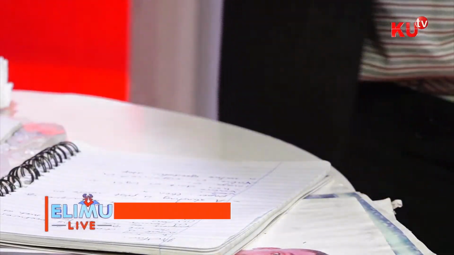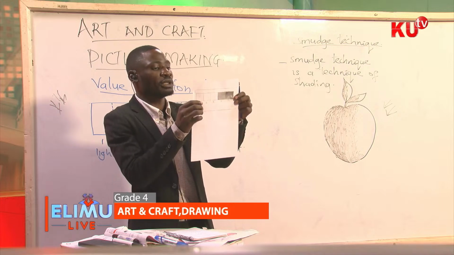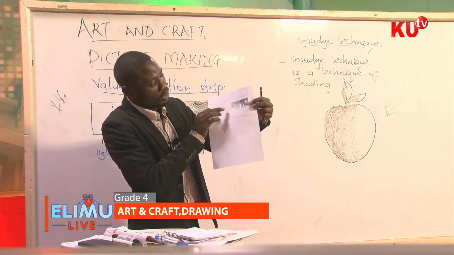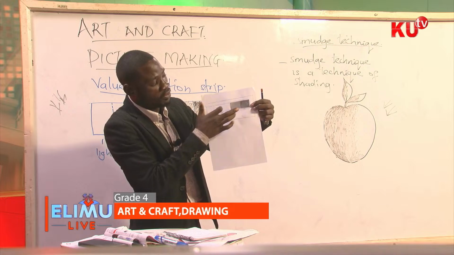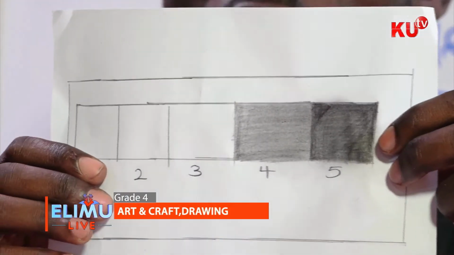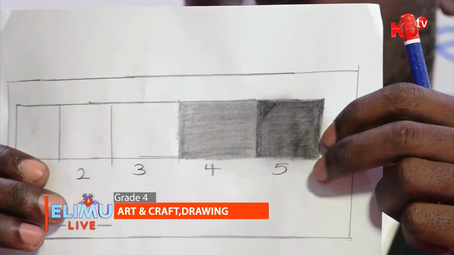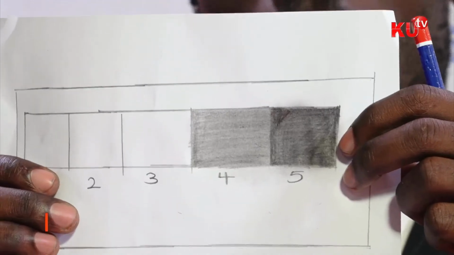I want us to observe the fourth box and the fifth box. Which one is lighter? The fourth box is lighter compared to the fifth box.